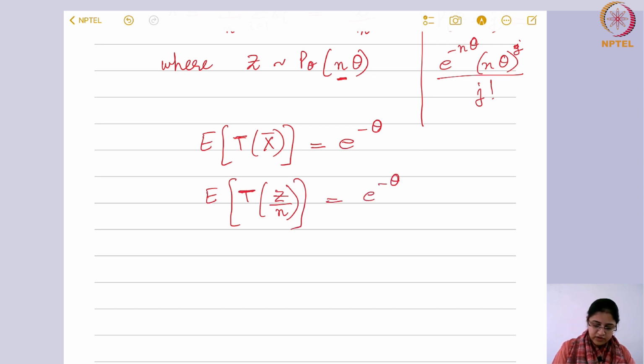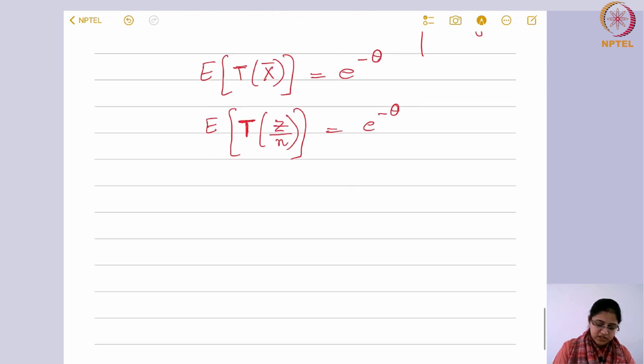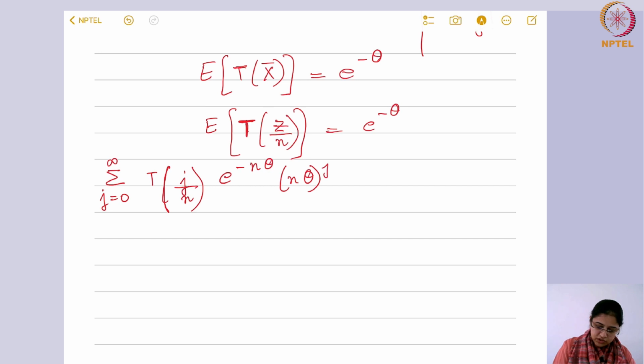Now we are talking about the PMF, so we can just simply write summation, j going from 0 to infinity. It would be t, and instead of z, we can write j over n. And what is the PMF in this case? We have just now seen that it would be e power minus n theta, n theta power j over j factorial, which is the same as e power minus theta.